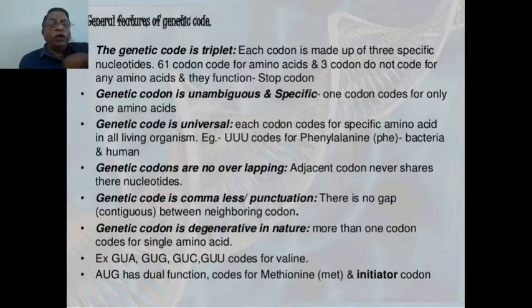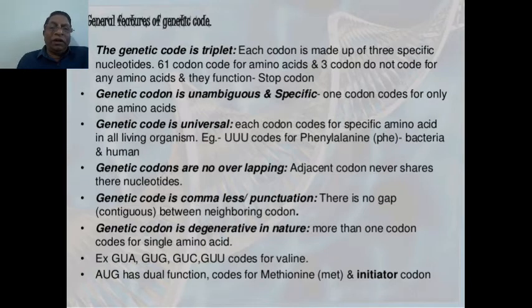For example, UUU, then UUC, then UGC, like this. Now, the genetic code is non-overlapping. It means the 6 letters code for only 2 amino acids. Hence, it is a non-overlapping one.